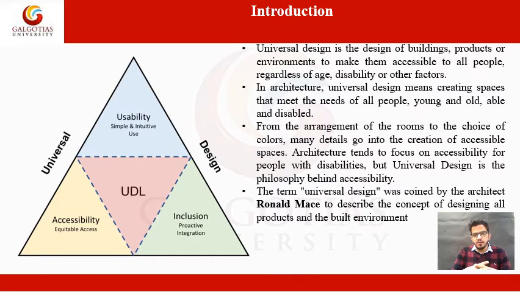Inclusion means including all people. Accessibility means how easy a particular space or product is to access for all people. And usability is how easy that space or product is to use for all people, regardless of their age, their disability, or other factors related to lifestyle.